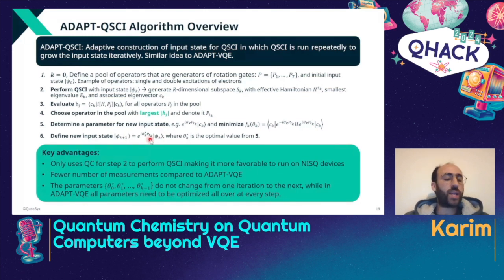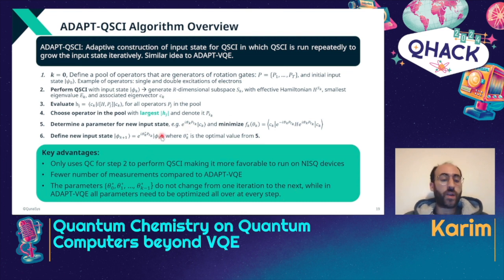There are several key advantages of doing this. One advantage is that you only need a quantum computer for step 2, to perform the QSCI generation of the R-dimensional subspace. You need a smaller number of measurements compared to ADAPT-VQE, which means that you would require fewer quantum resources. And the parameters theta do not change from one iteration to the next.